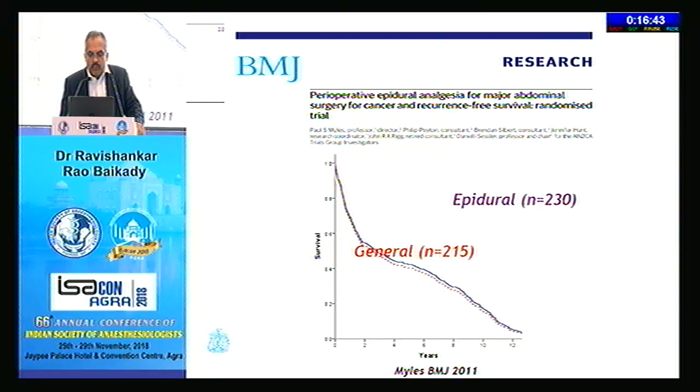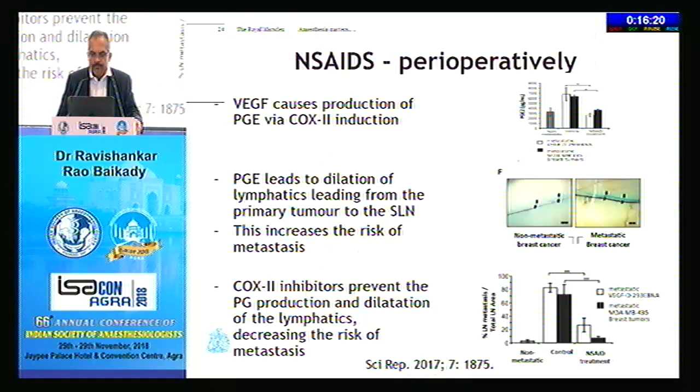In the long-term follow-up, it actually does not show any difference at all, whether with or without epidural. It tells you one thing: with regional anesthesia or a local anesthetic, there is no problem with the cancer. It is safe. We don't know whether it's a huge advantage, but it is safe to do so. So one thing we can say, regional anesthesia is good in cancer patients.